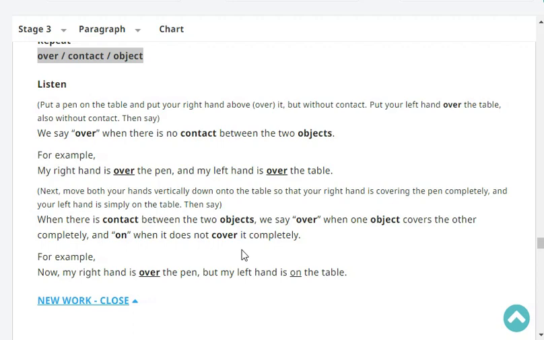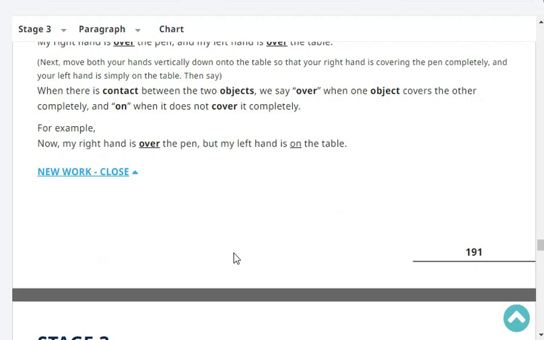But we say on when you can still see the book. So my hand is on the book because it's not covering the book. You can still see the book. For example, my right hand is over the pen and my left hand is on the book.